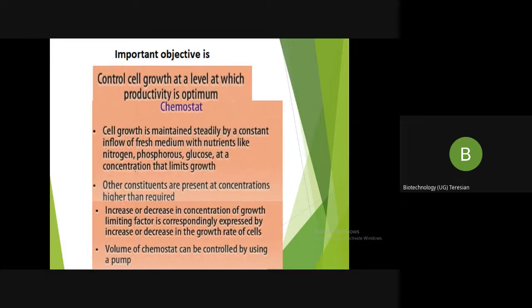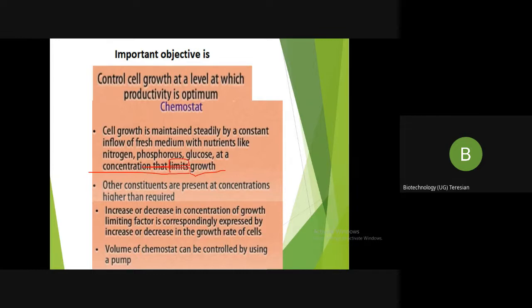So you are providing fresh media, but the nitrogen, phosphorus, glucose, which are essential for the growth of the microorganism, one of the nutrients you are limiting. And other constituents are present at a concentration higher than required. So one of these nutrients will be limiting, that is, it has a limited growth.